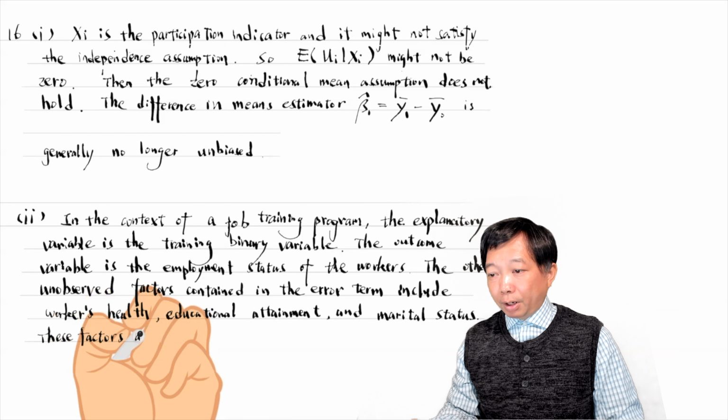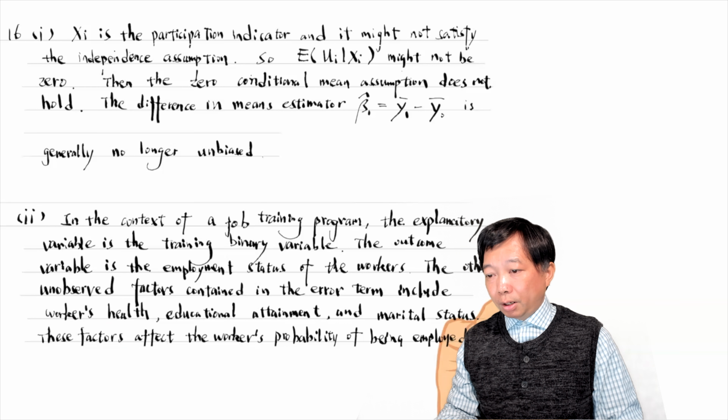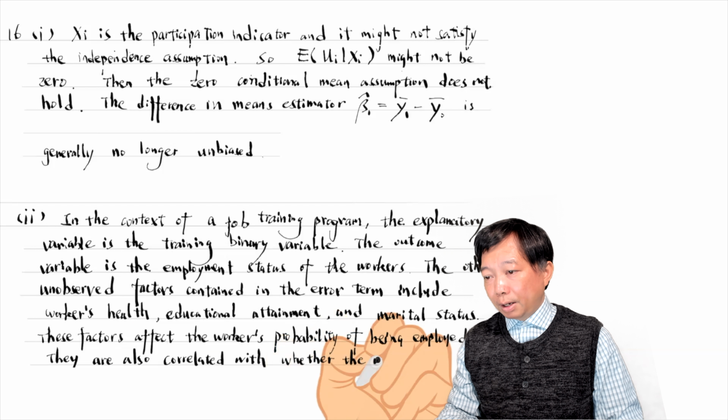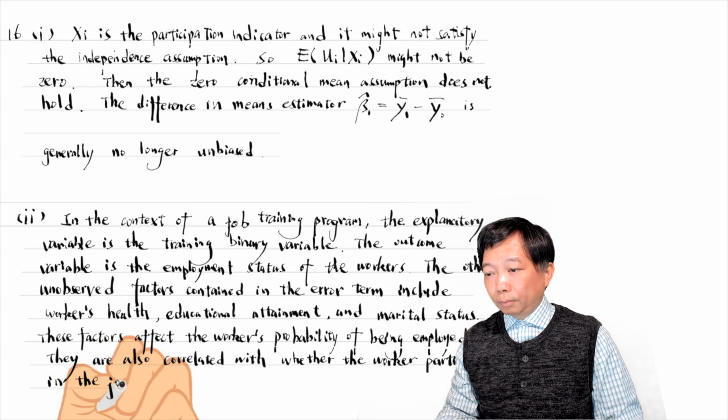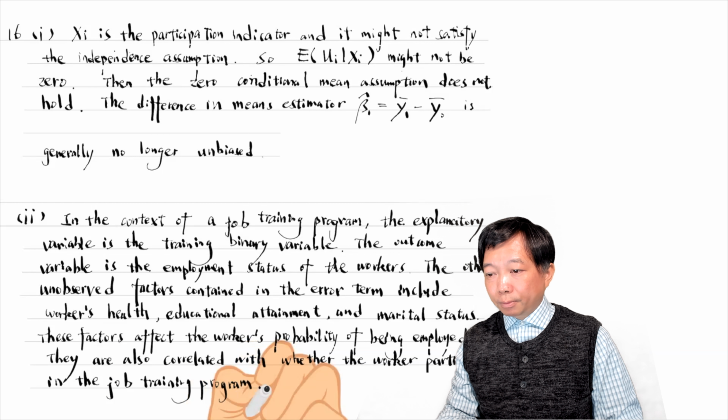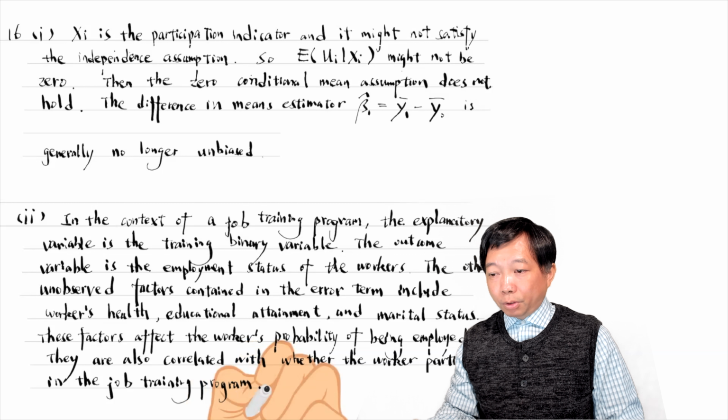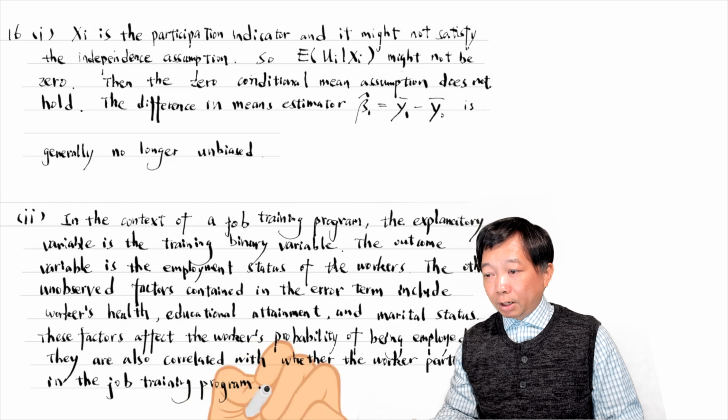The other unobserved factors contained in the error term include workers' health, educational attainment, and marital status. These factors affect the worker's probability of being employed. They are also correlated with whether the worker chooses to participate in the job training program.